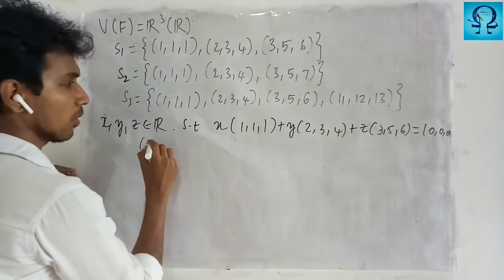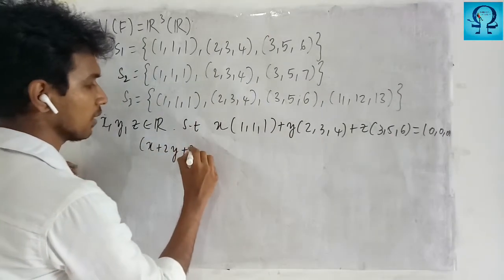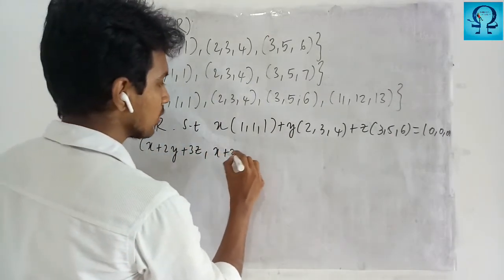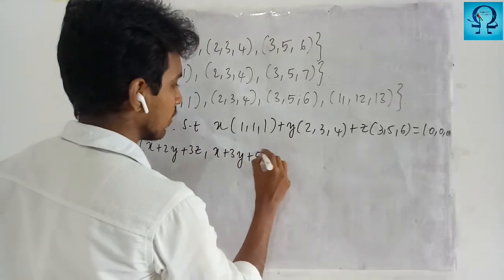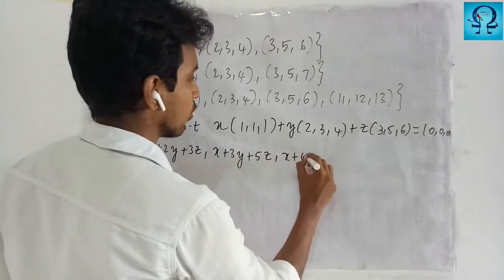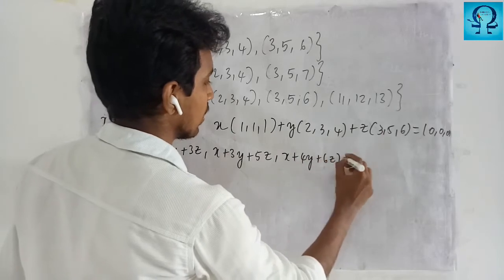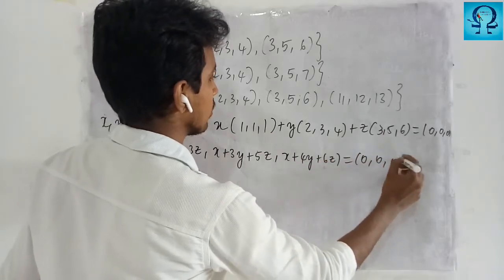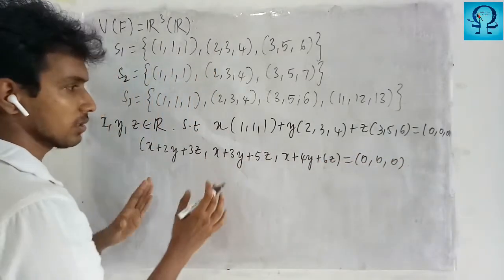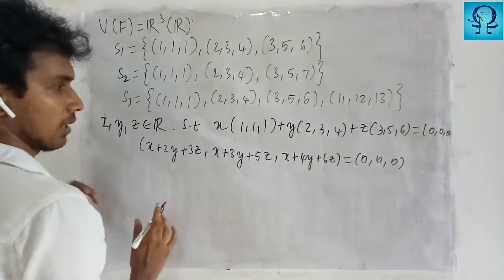So this is going to give me x plus 2y plus 3z, x plus 3y plus 5z, x plus 4y plus 6z, equated to (0, 0, 0).